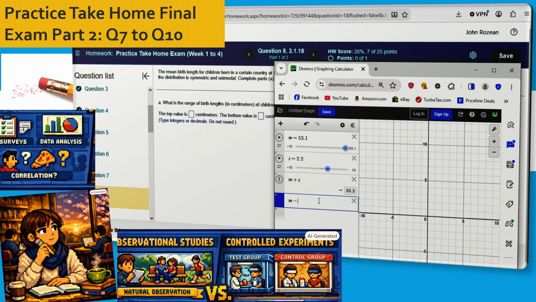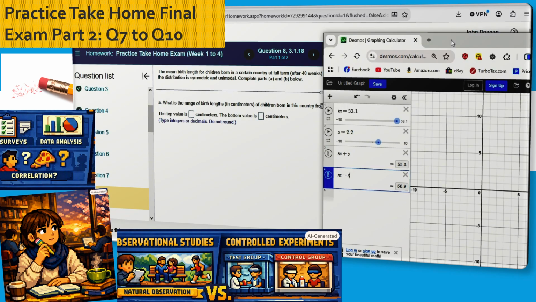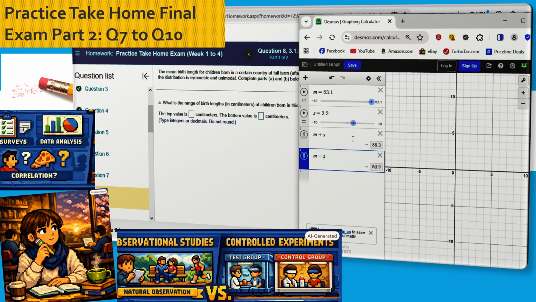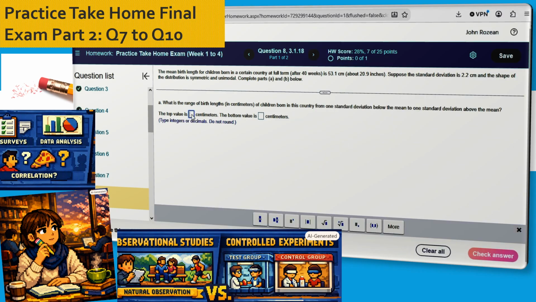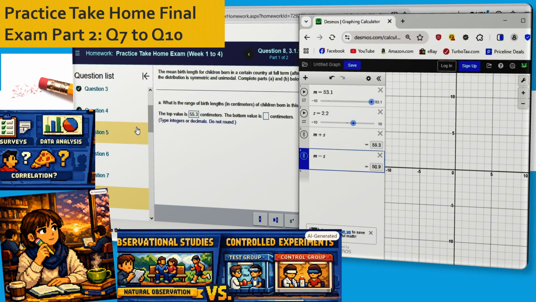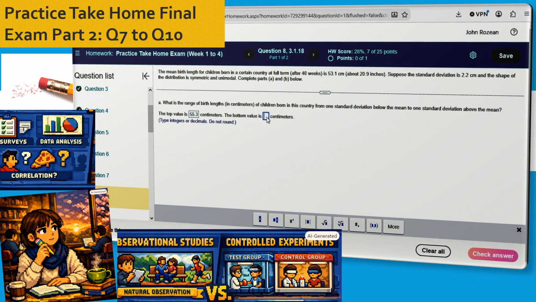The mean minus 1 standard deviation would be 50.9. So those numbers should sync. The upper is 55.3, and the other should be 50.9.